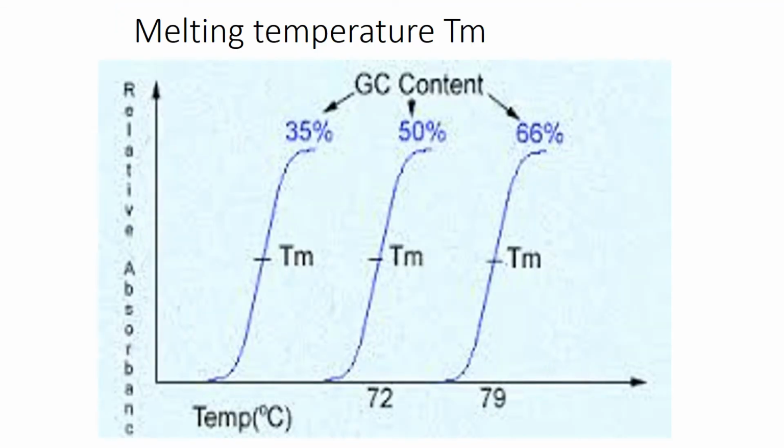Tm. What is the Tm? It is the melting temperature of DNA. This temperature explains the content of GC present in that specific DNA.